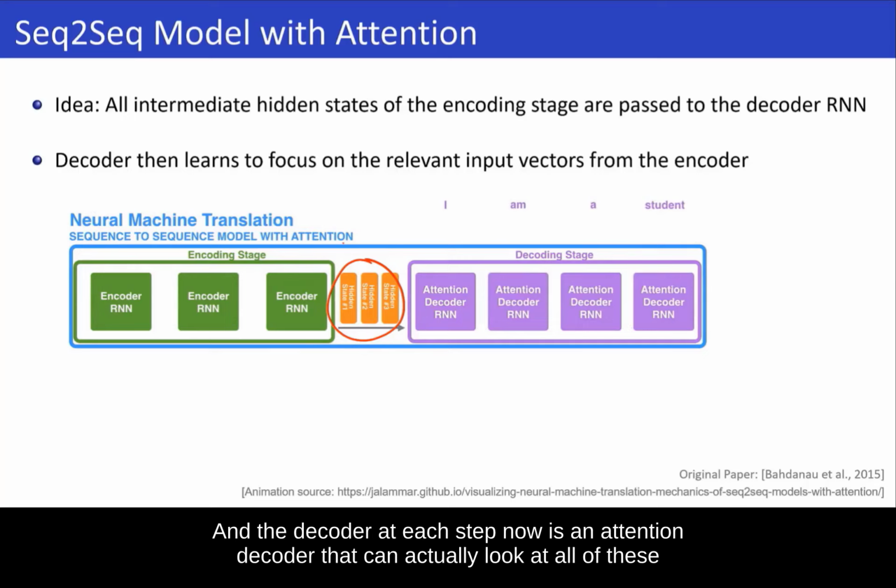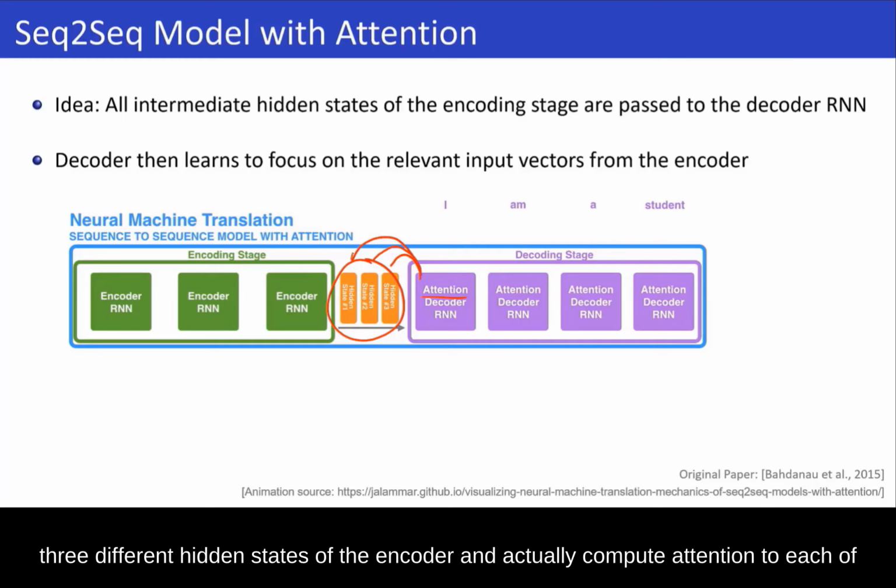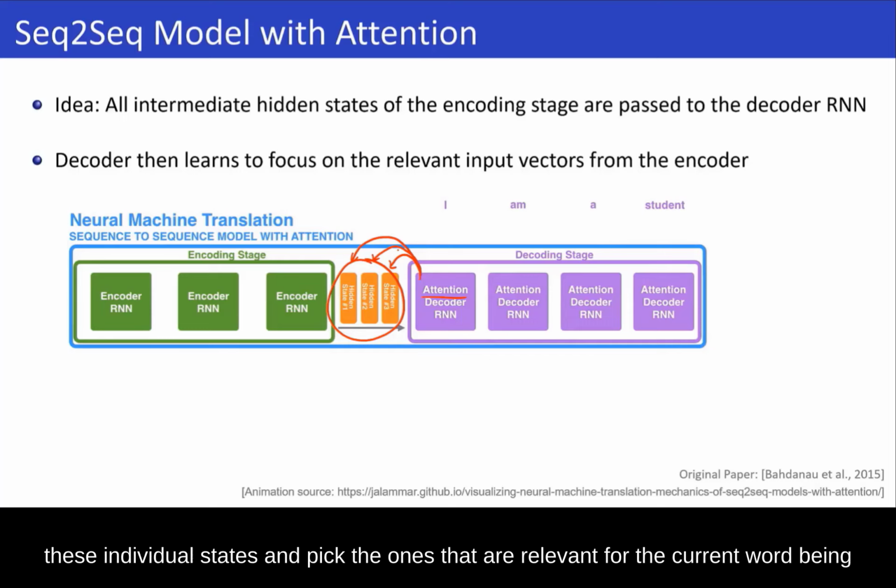And the decoder at each step now is an attention decoder that can actually look at all of these 3 different hidden states of the encoder and compute attention to each of these individual states and pick the ones that are relevant for the current word being produced.